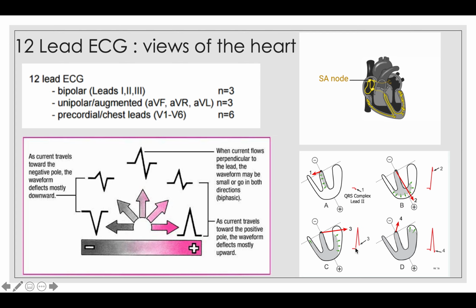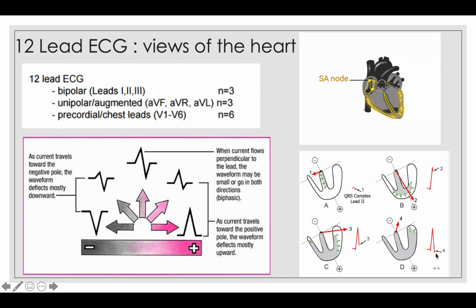A negative deflection would mean that the line has to be beneath the isoelectric line. This is still a positive deflection. Lead 4 on the fourth one, i.e. the S wave, is going away now. As you can see from the image here, the depolarization was towards the edges of the top part of the heart, the top part of the ventricles. So this is going back up to the negative side again, hence why there is a negative deflection.